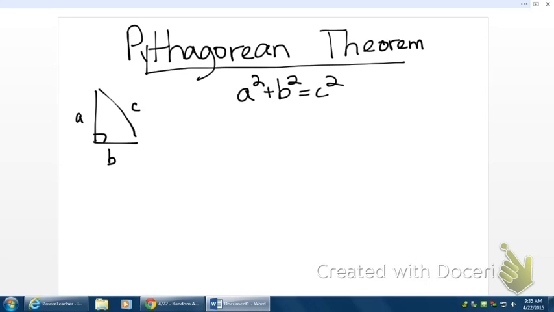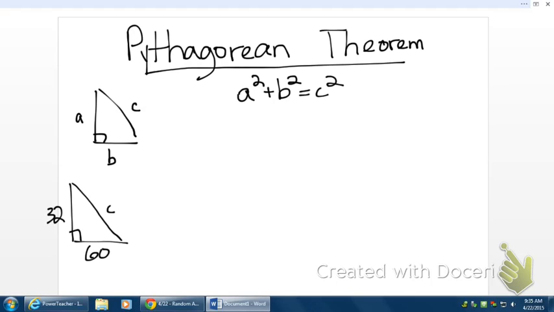Okay, so let's say we have an example like this: 32 and 60. And let's say we want to find C. Well, all we have to do is use that formula.